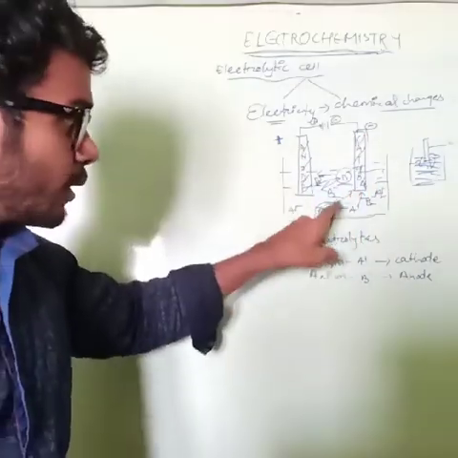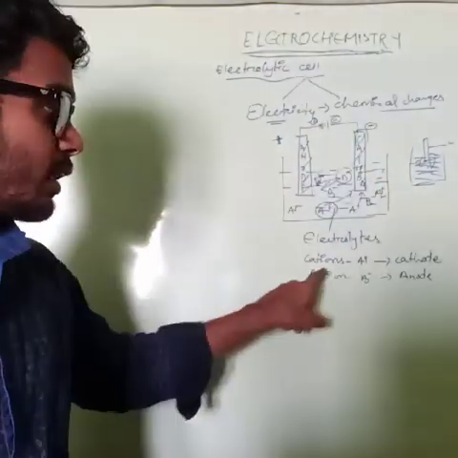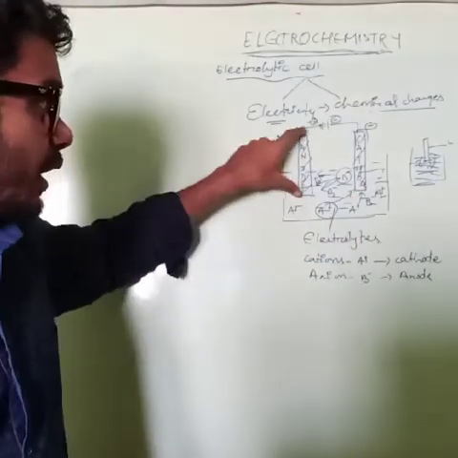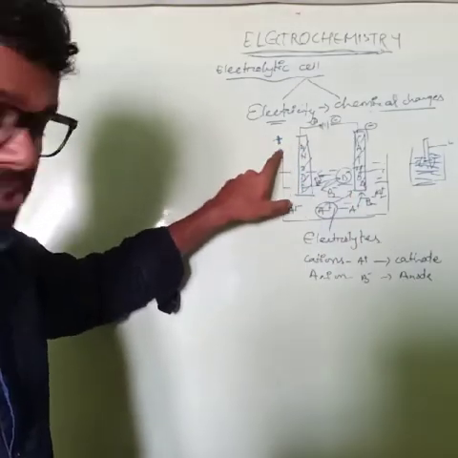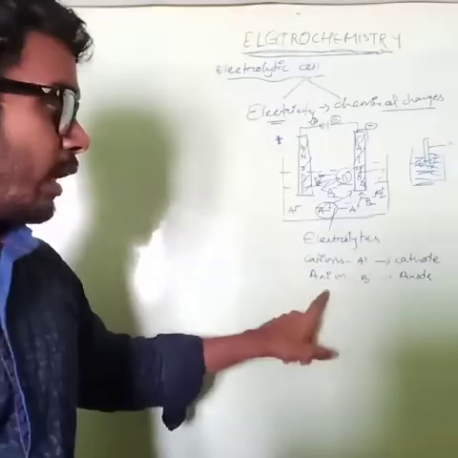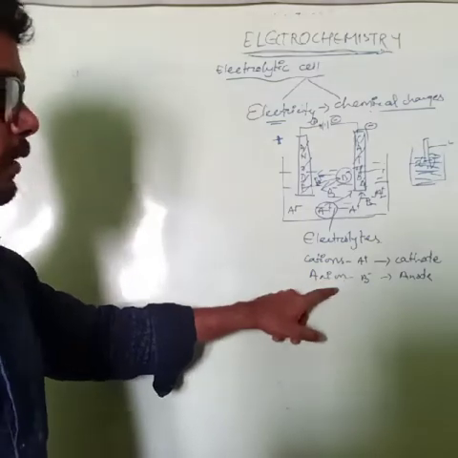That is why the positively charged ions that move towards the cathode are known as cations, and the negatively charged ions that move towards the positively charged anode are known as anions. Is it clear?